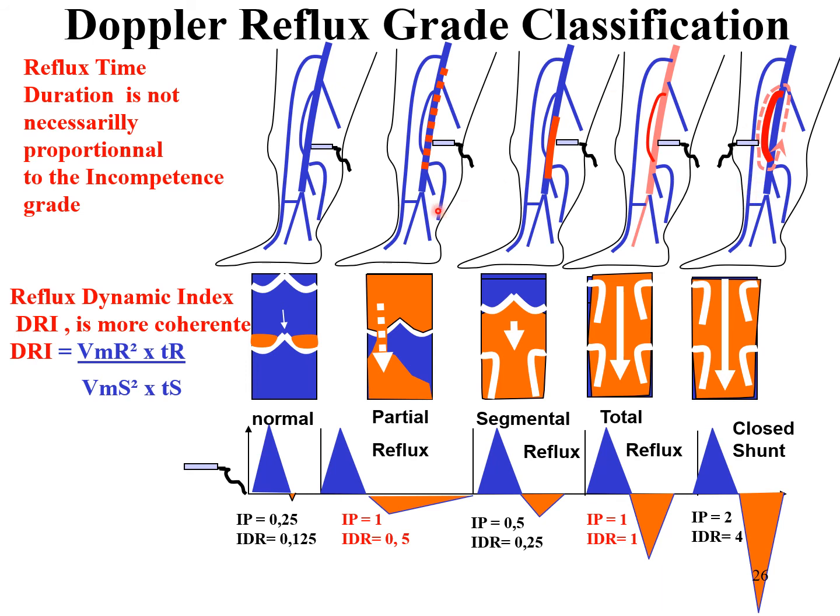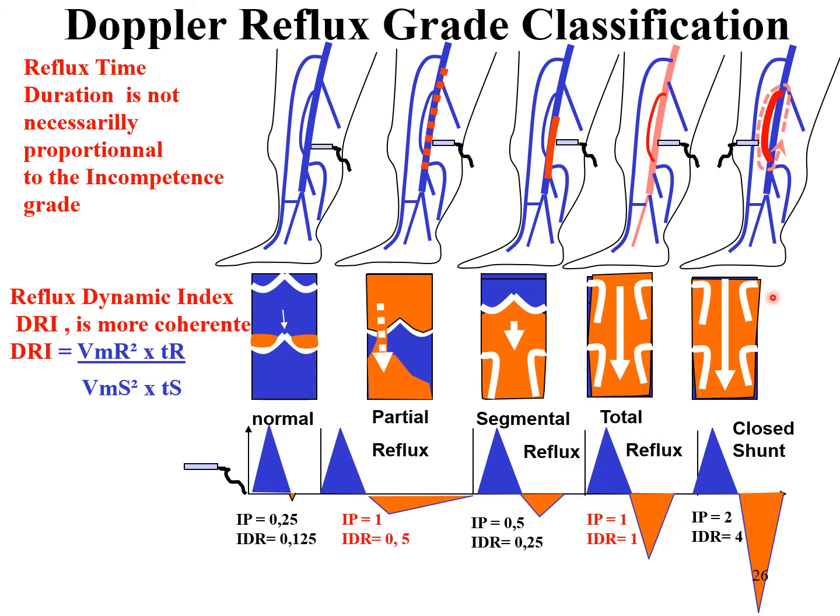In that case, if you measure the flow at this level, you see that in normal it stops here. In partial reflux, the peak is not important, but it lasts very long. In case of segmental reflux, the peak is not very high and doesn't last long. In case of total reflux, the peak and the time are symmetric to the systolic one.